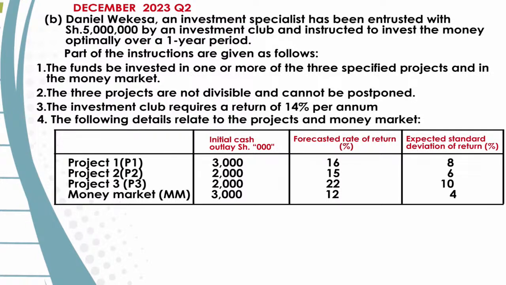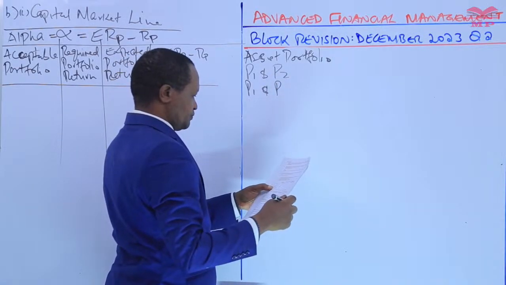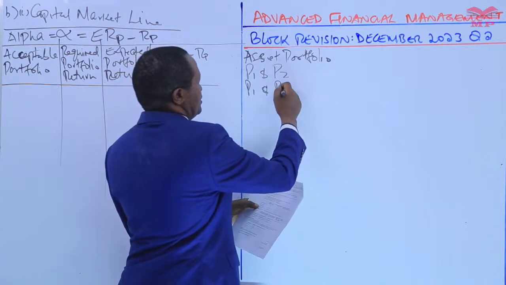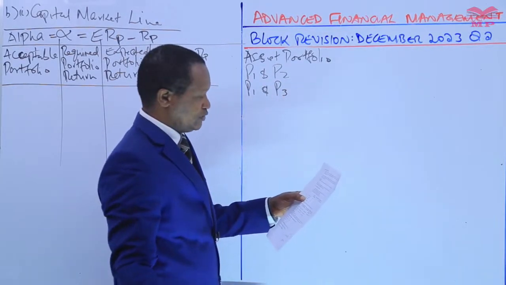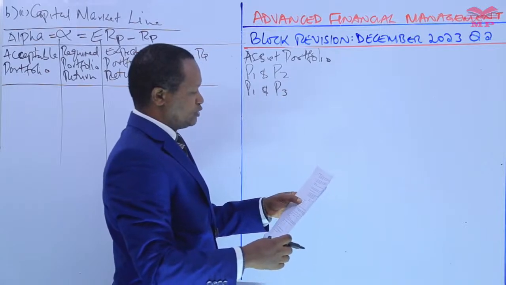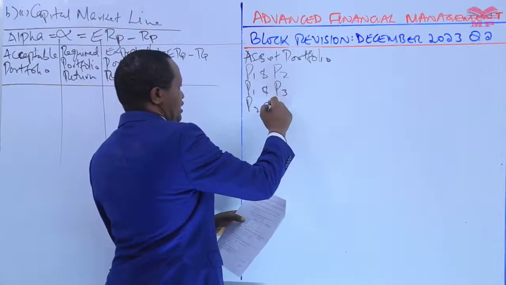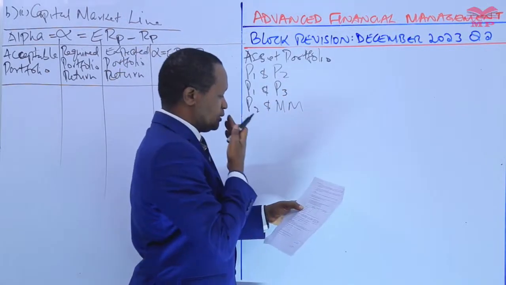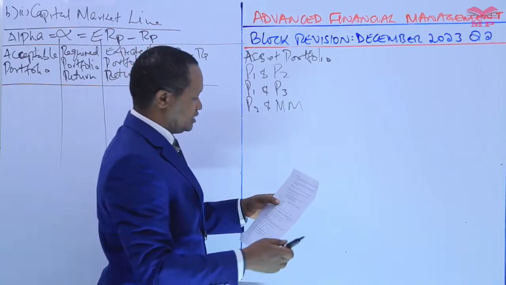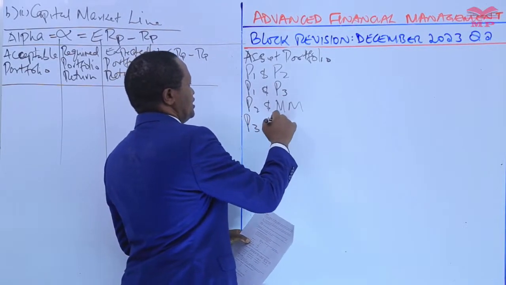Another possible combination is project 1 and project 3, because the 3 million plus 2 million gives us 5 million. Then the other possible combination is project 2 and money market. This money can be invested in project 2 and also the money market. Then the last possible combination is project 3 and the money market.